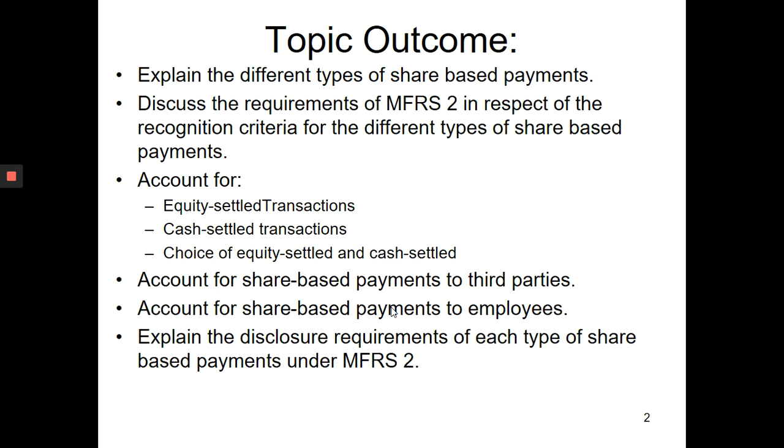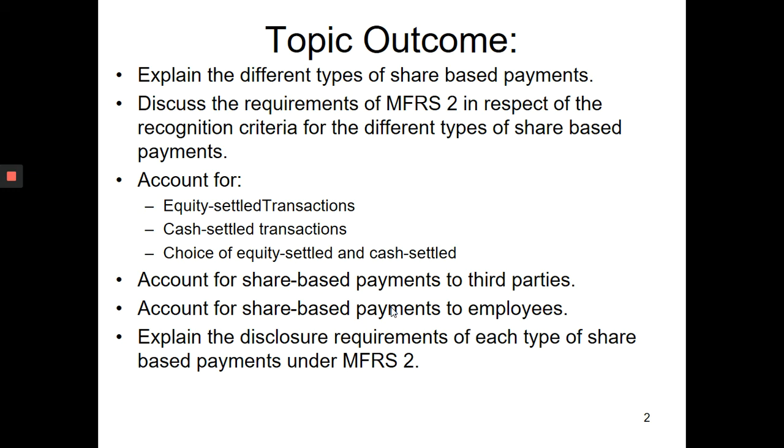Okay, at the end of the whole topic, you should be able to explain the different type of share-based payment. Discuss the requirement of MFRS 2 in terms of recognition and different type of the share-based payment.